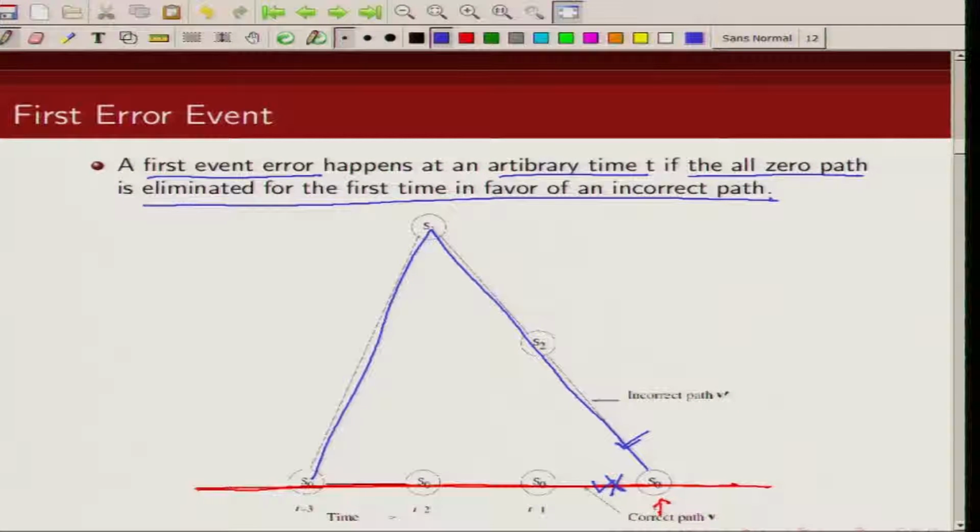The first instance when I do that is basically my event error, because I should have chosen the all 0 path, but at this instance the metric corresponding to this path was better. So, I chose this and eliminated the other path, but this is a wrong path because my transmitted code word was all 0 sequence.